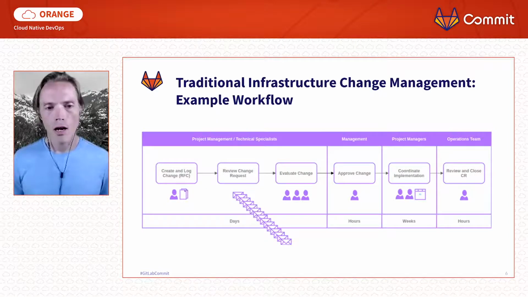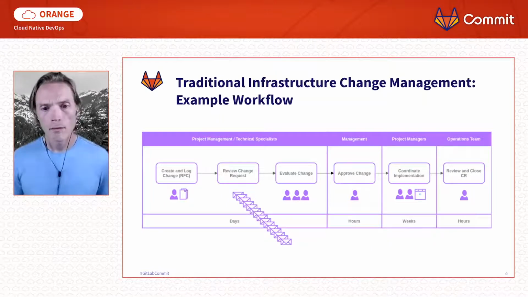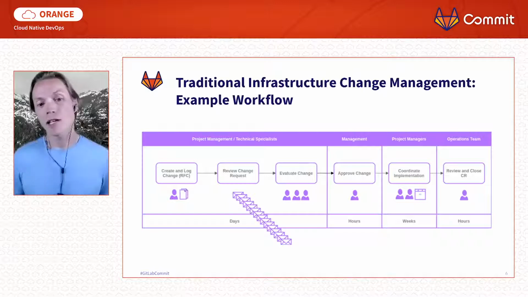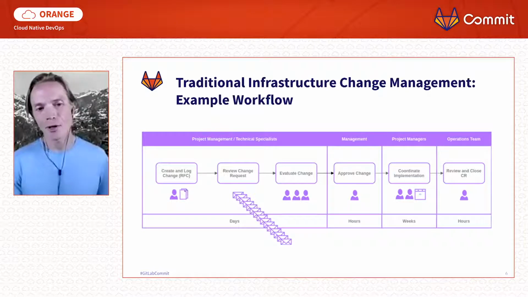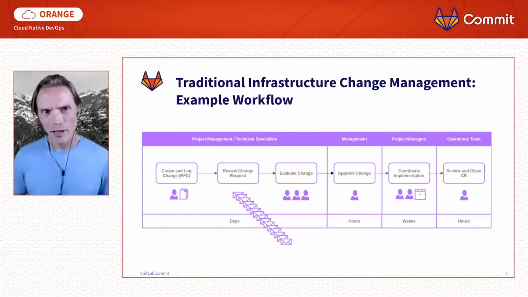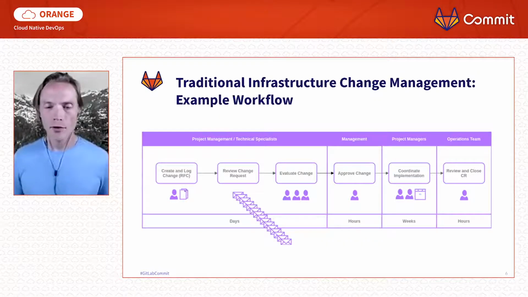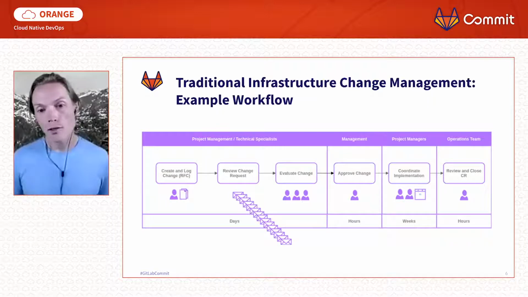Now, of course, if there were a few problems that shook out of this, but most of it worked, we would call the change successful. And then we would generate new change requests that would go back into the queue in the process to fix any of the things that we broke. So that's a pretty traditional workflow. And for those of us who have experienced it, we understand what it can take to wait weeks or months for a change to actually be successful if it hasn't gotten through all stages of that process.